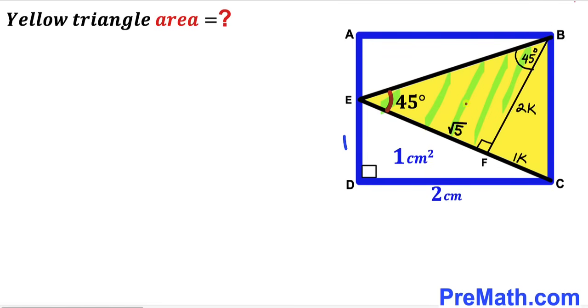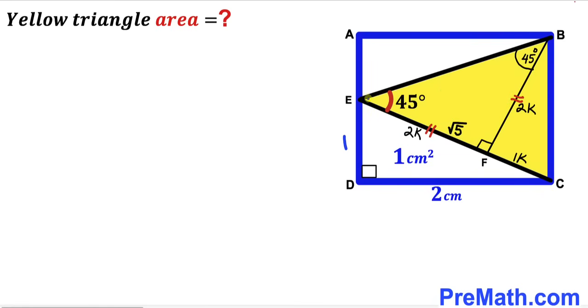So this is an isosceles triangle. In other words, this segment length EF must be equal to this side length BF. And since this BF side length is 2 times k, this side EF length has got to be 2 times k as well.